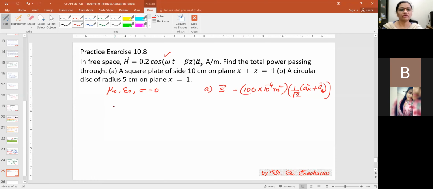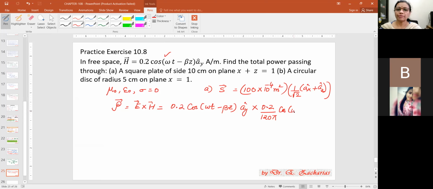So now as usual, we have to write our P vector. The Poynting vector is going to be E cross H, which is going to be 0.2 cos(omega t minus beta z) a_y cap cross 0.2 by modulus eta. Modulus eta is going to be 120 pi, and then you have cos(omega t minus beta z).